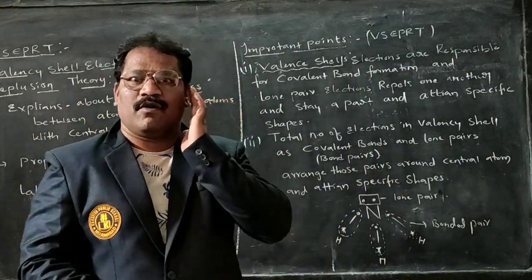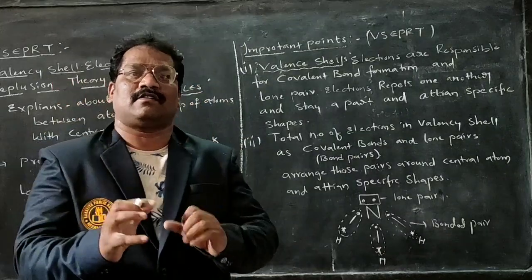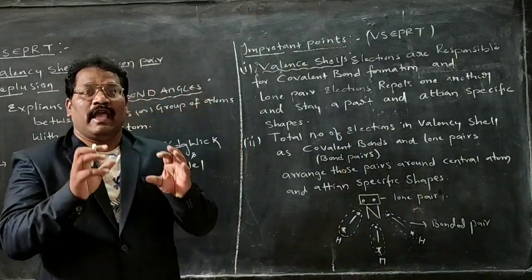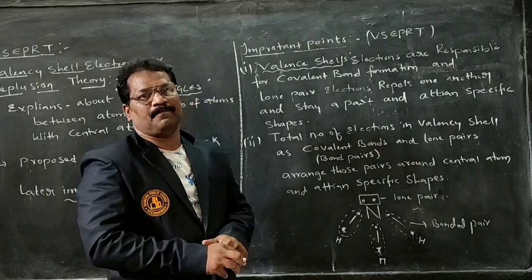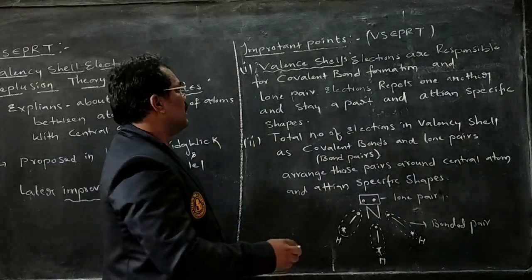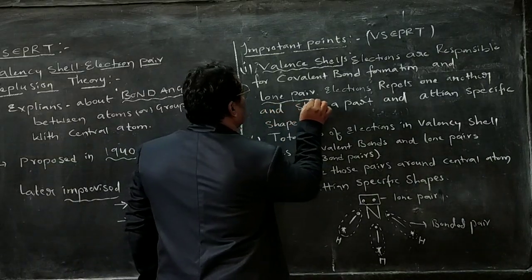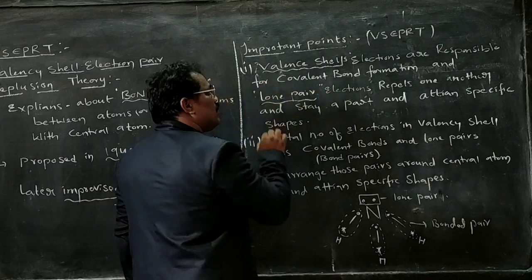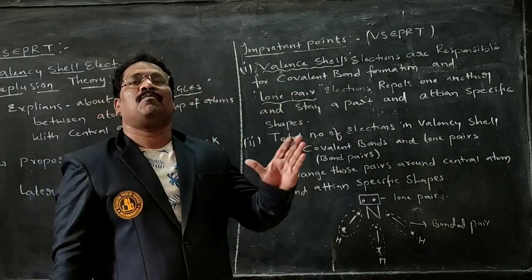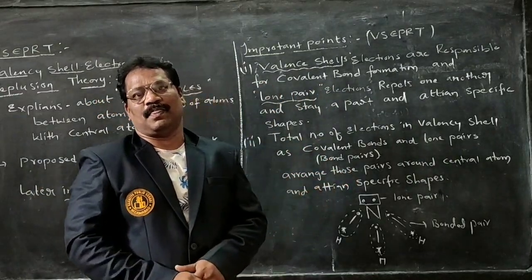To form a covalent bond, valency shell electrons play a vital role. Next, they also consist of some paired electrons. We call them lone pair electrons.